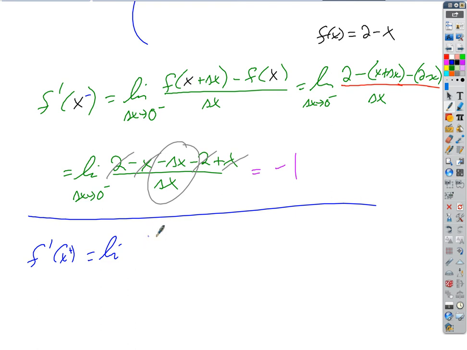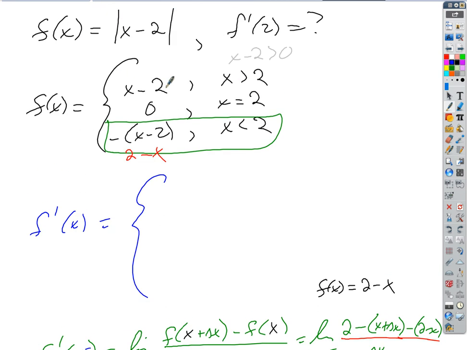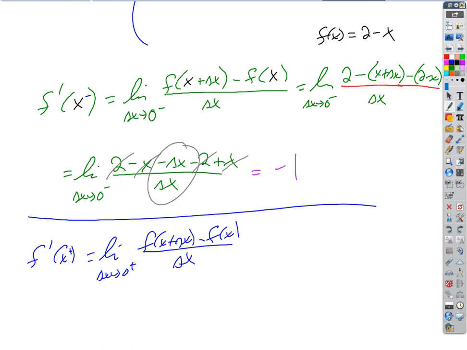Limit of f of x plus delta x minus f of x over delta x as delta x approaches 0 from the right. Well, this time, if I'm approaching from the right, the function is x minus 2, right? So f of x plus delta x is going to be x plus delta x minus 2, minus f of x, which is x minus 2, over delta x.